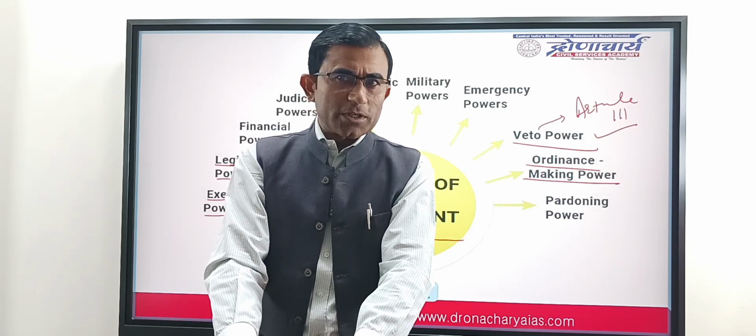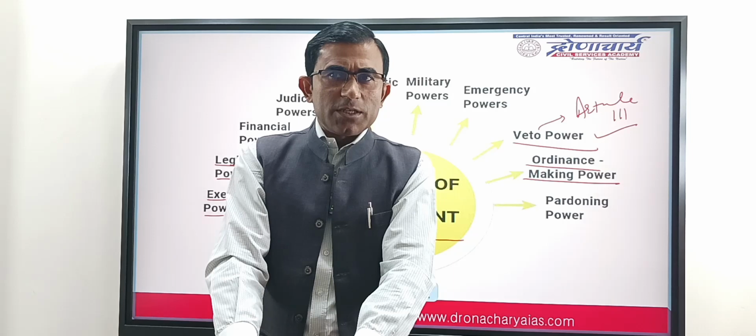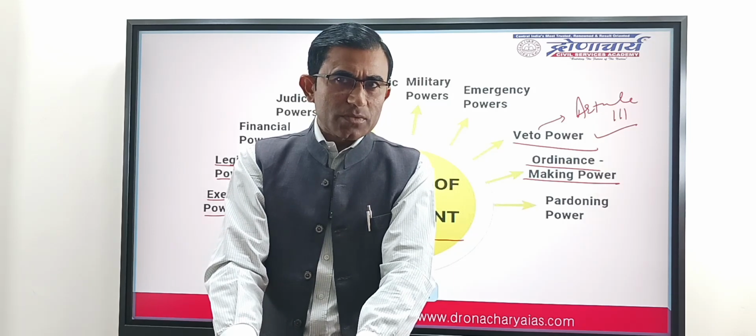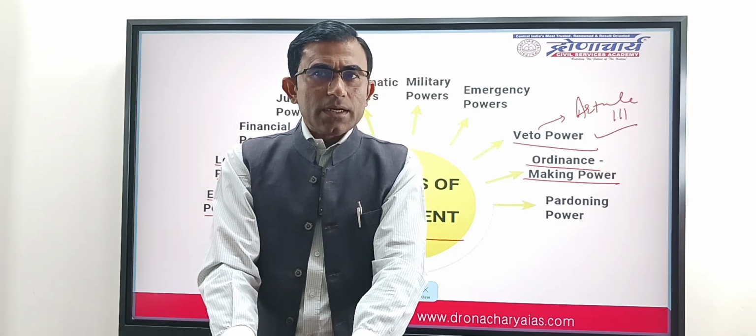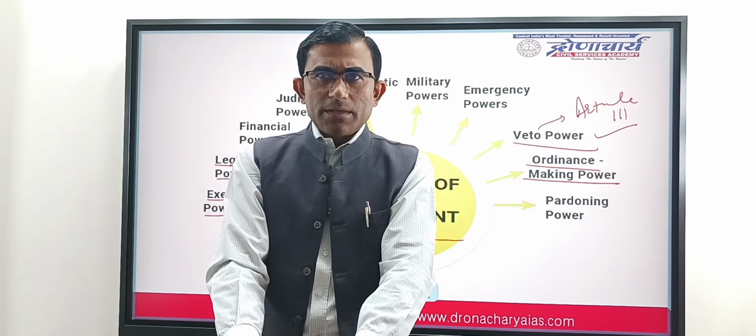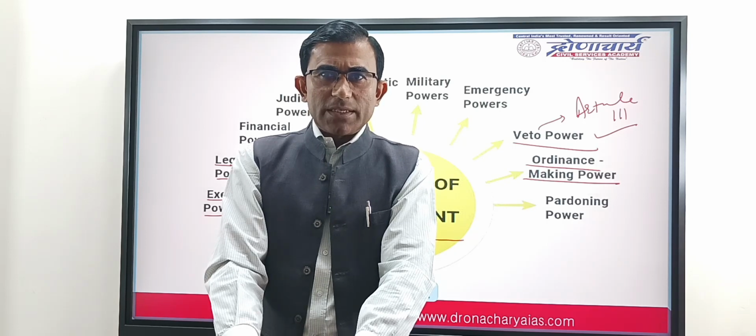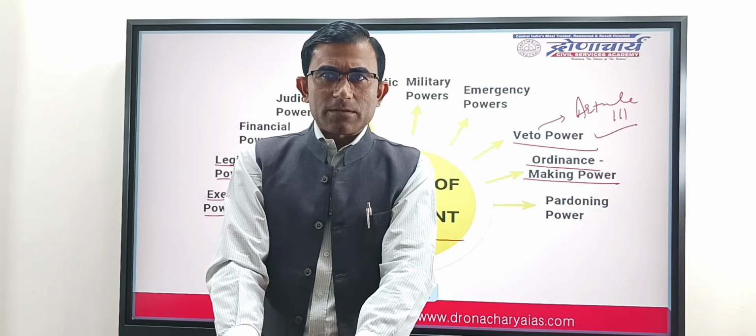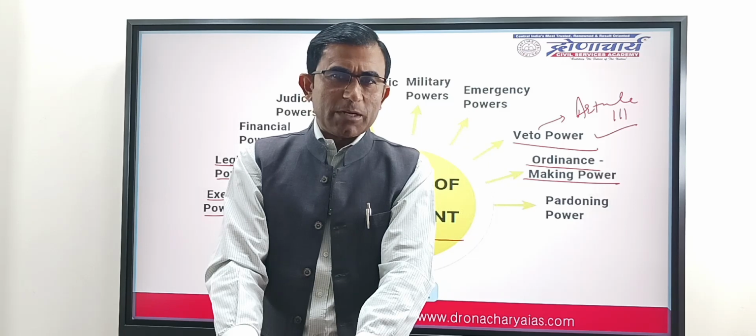This is known as the pocket veto. Pocket veto is a situational discretionary power of the President. For example, in 1986, President Giani Zail Singh exercised pocket veto with respect to the Indian Post Office Amendment Bill.